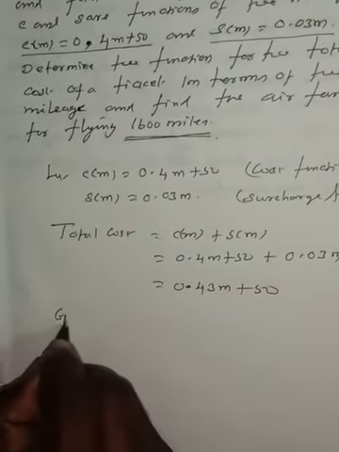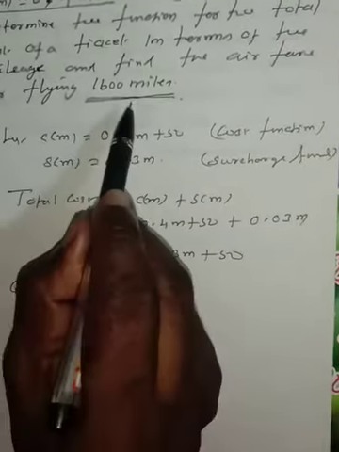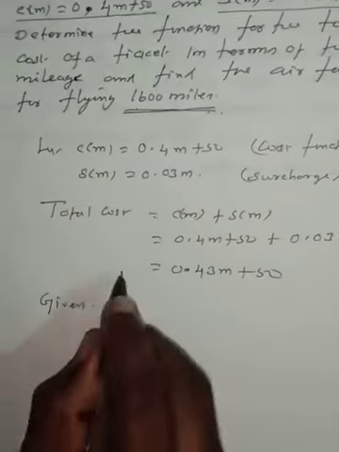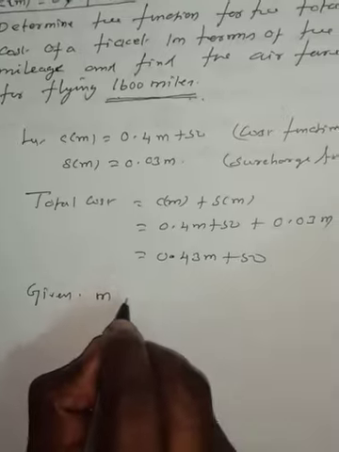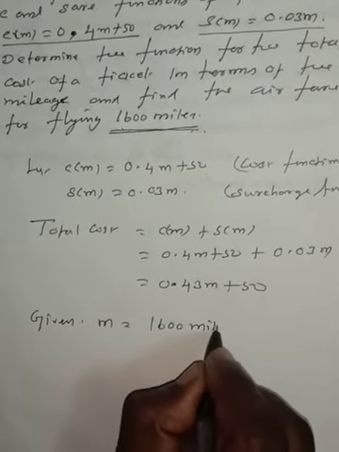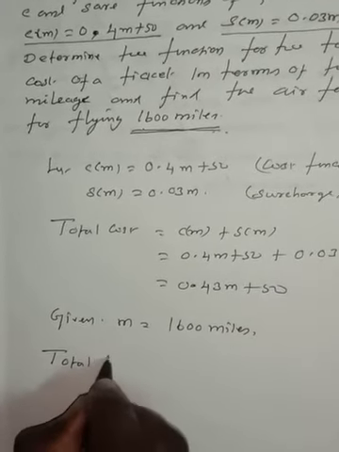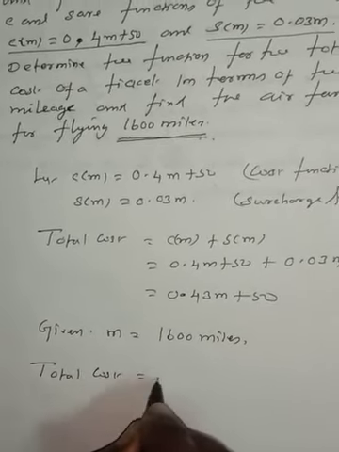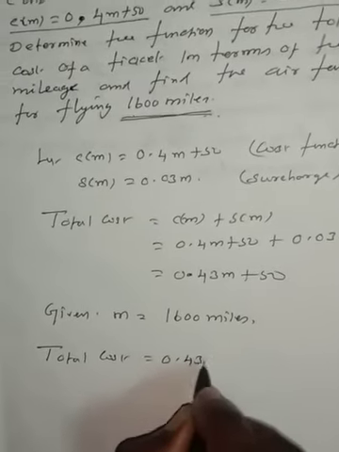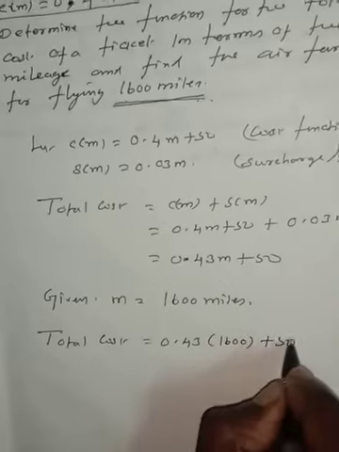Given M is 1600 miles. Apply: total cost is equal to 0.43 into 1600 plus 50.